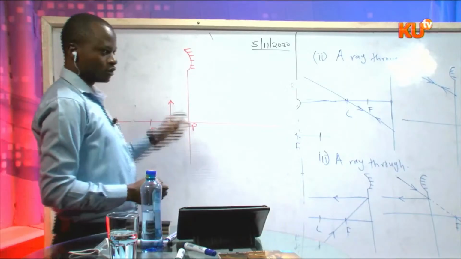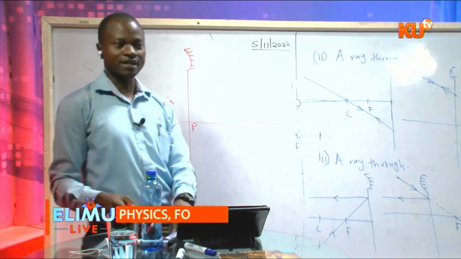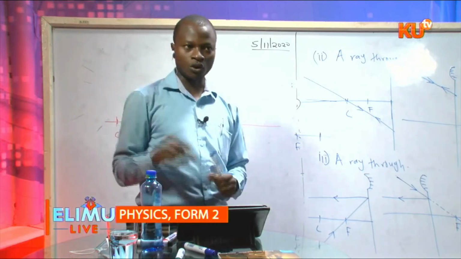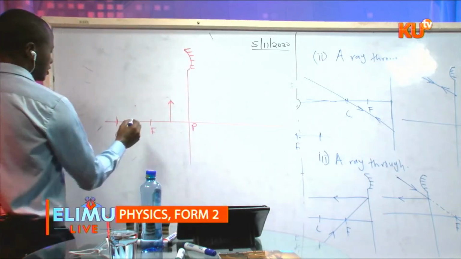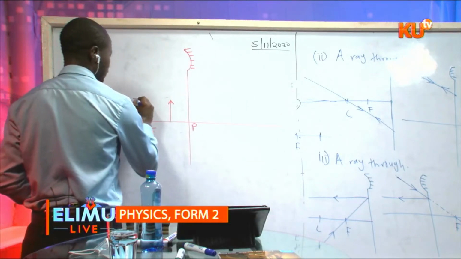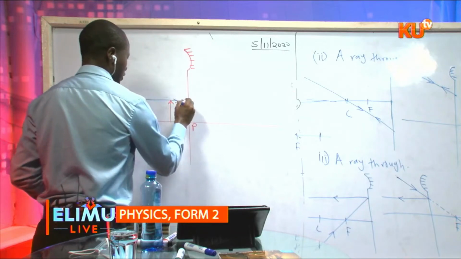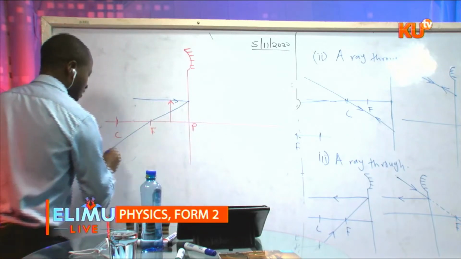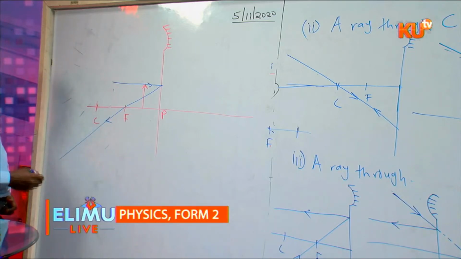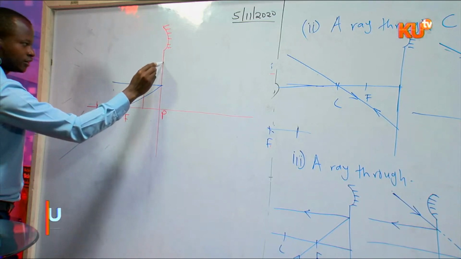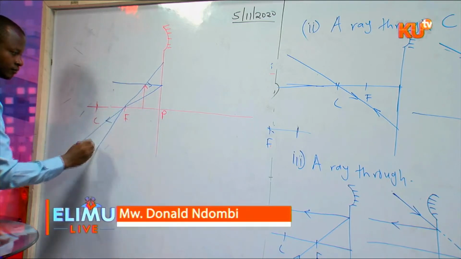So what we shall do, we shall draw two rays. The first ray, we have said we draw a ray parallel to the principal axis. This one, which is reflected through F like that. Then another ray, we can draw a ray through F like this.